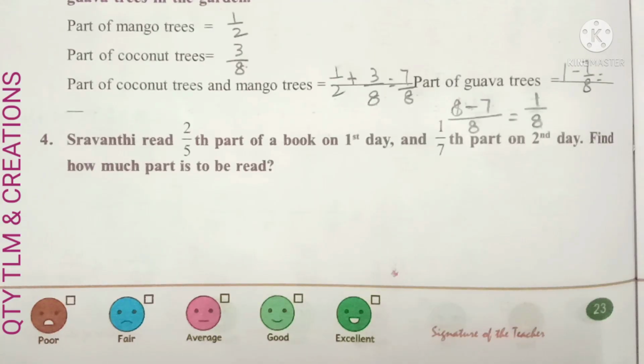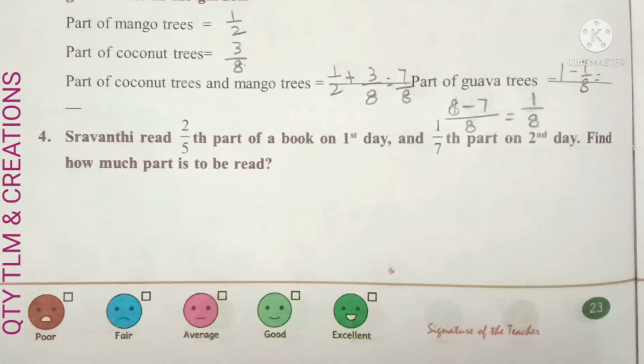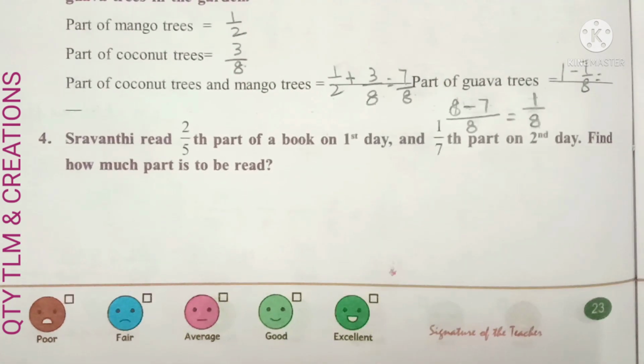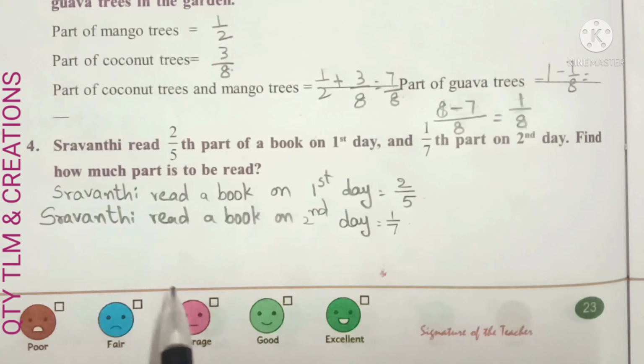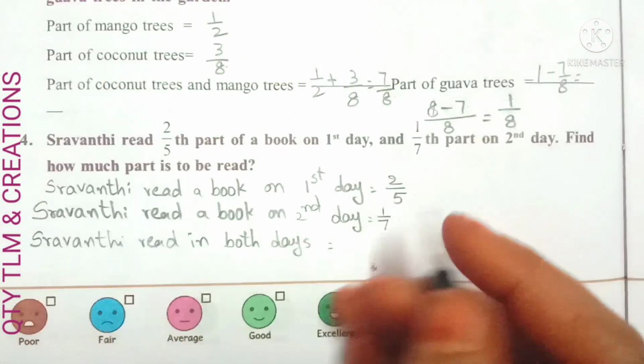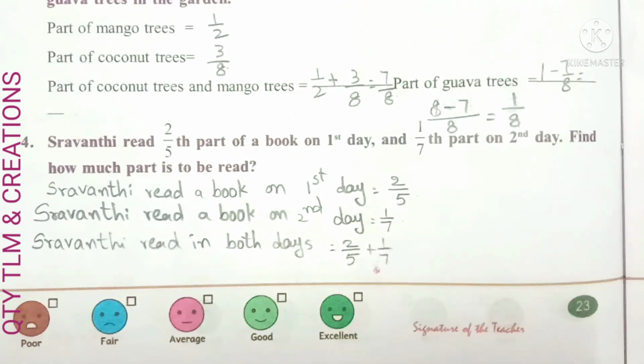Shravanti read 2/5 part of a book on the first day and 1/7 part on the second day. Find how much part is yet to be read. Shravanti read 2/5 of the book on the first day and 1/7 part on the second day. Shravanti read in both days 2/5 plus 1/7.